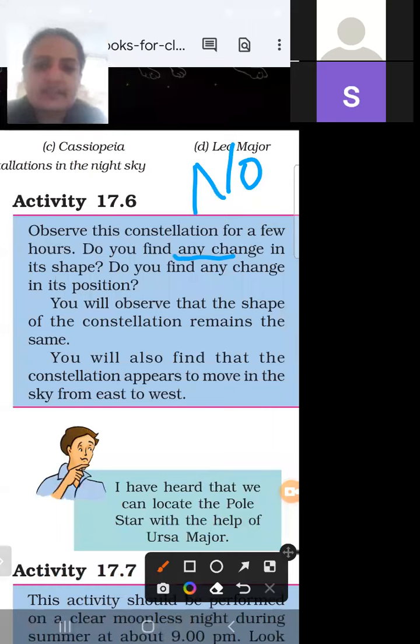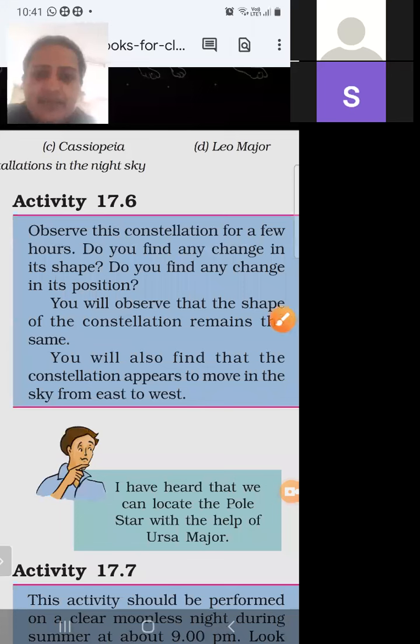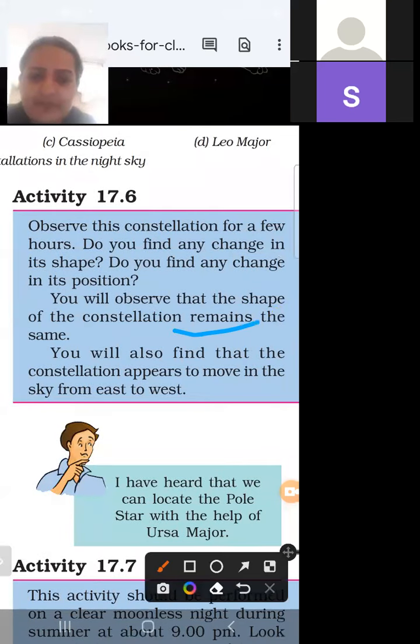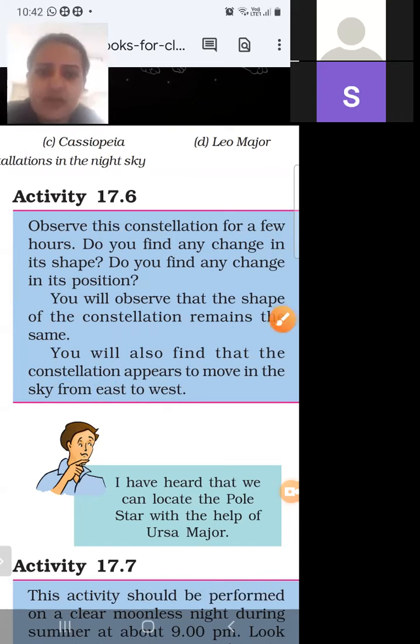Is there any change in its position? Yes. There is a change in position, while the shape remains the same, and the constellation moves from east to west.